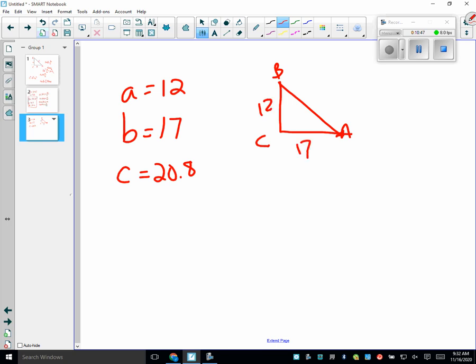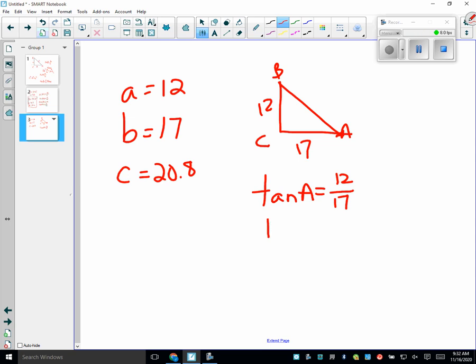How could I find angle A? Tangent of A is what? How do I find an angle when I'm given a value?